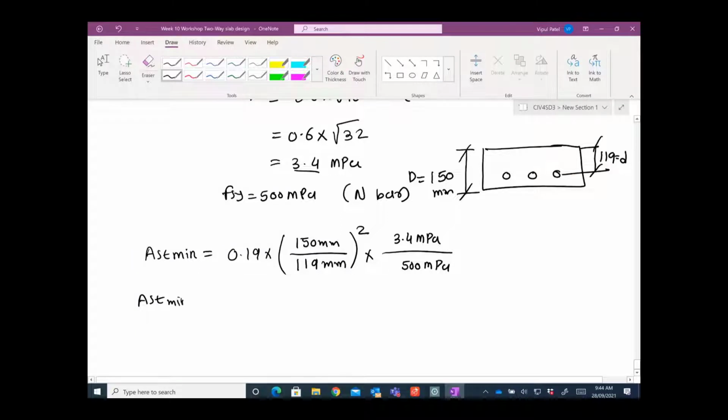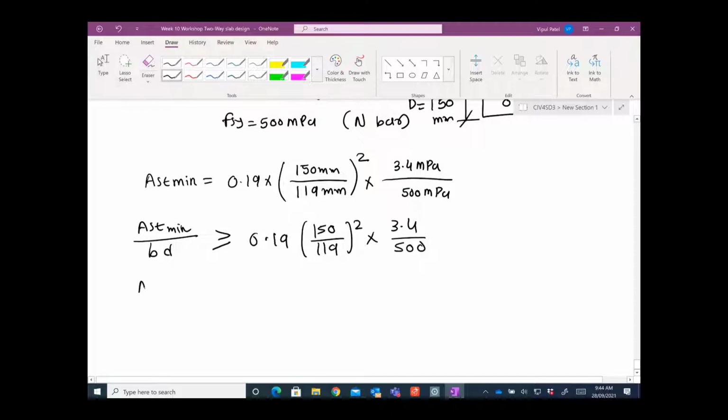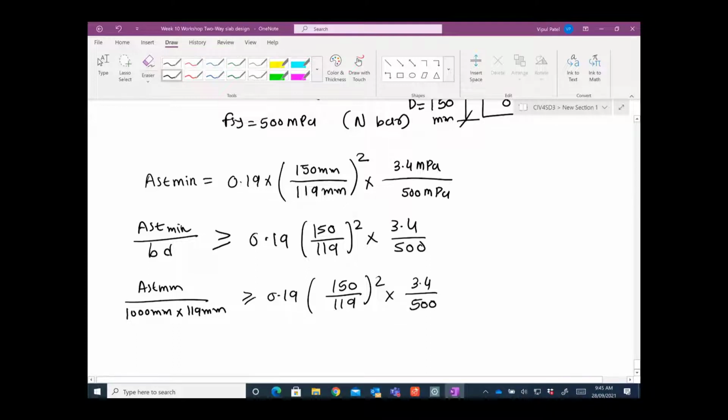Ast minimum on BD should be greater than or equal to, because it's not less than, 0.19 times 150 over 119 squared times 3.4 over 500. Now that makes more sense. Ast minimum, where B is 1000 millimeters and depth is 119 millimeters, is greater than or equal to 0.19 times 150 over 119 squared times 3.4 over 500.